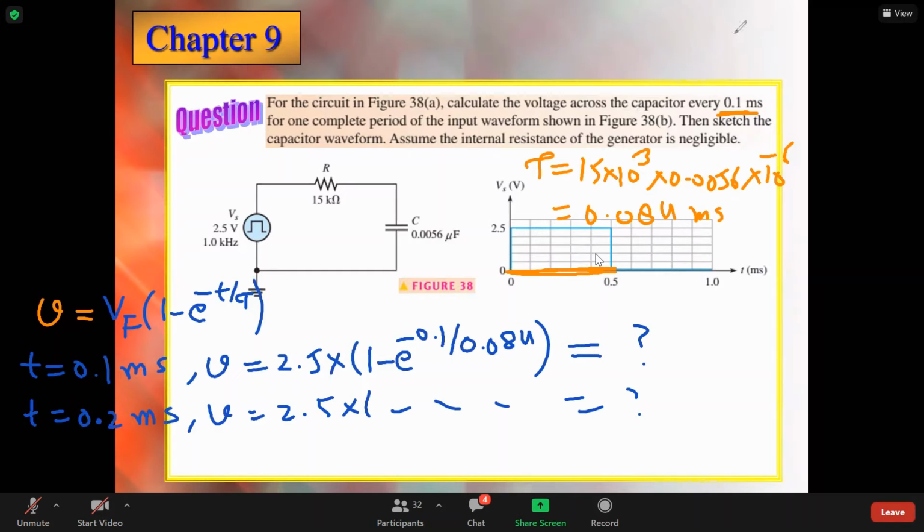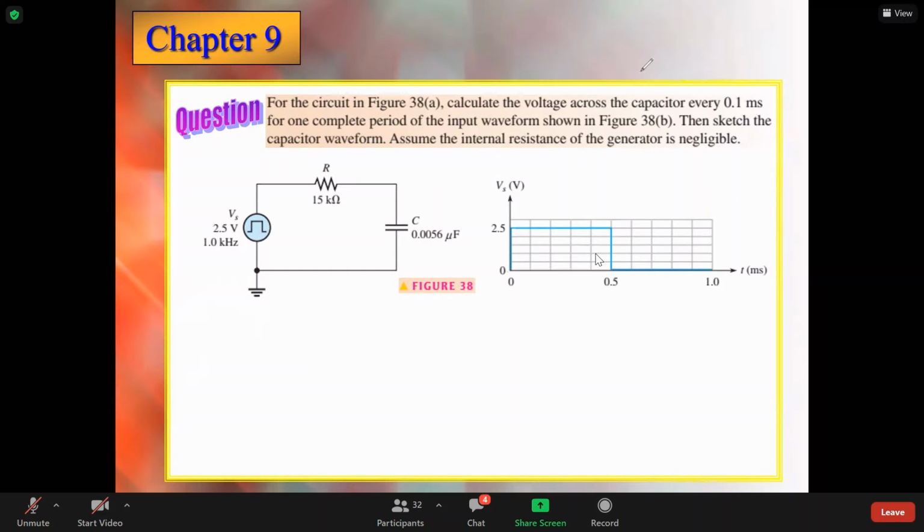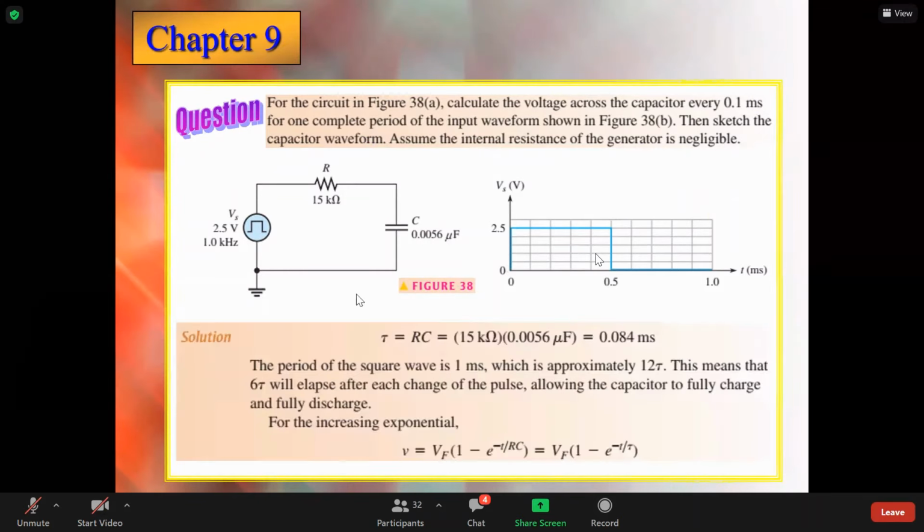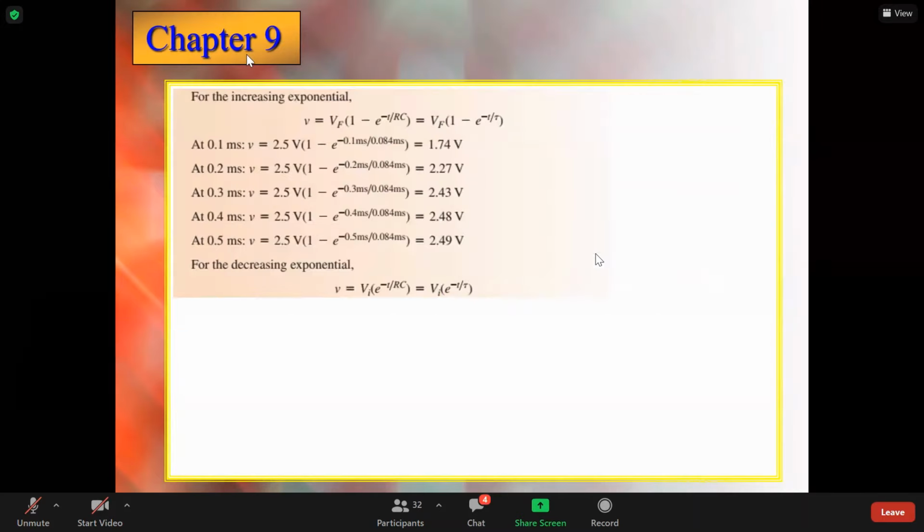The solution is there already, because writing too much is not possible. First we calculate the RC, then we consider the charging condition. So we will go this way. At 0.1 millisecond, the equation is going to be this way.